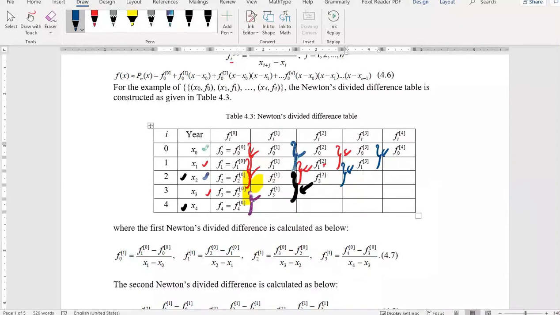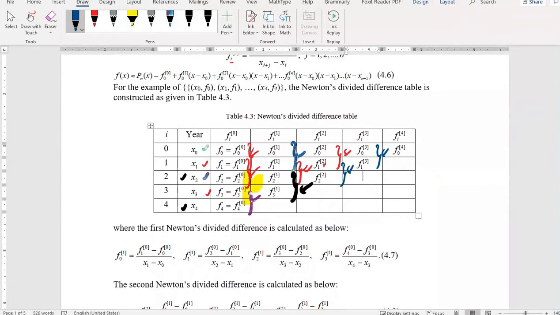And then for this one, the red color, F03, it is F12 divided by F02. For level 2 you get one value, F03, x3 minus x0.